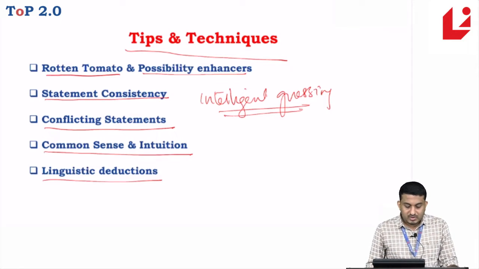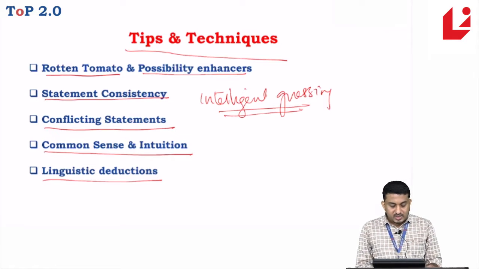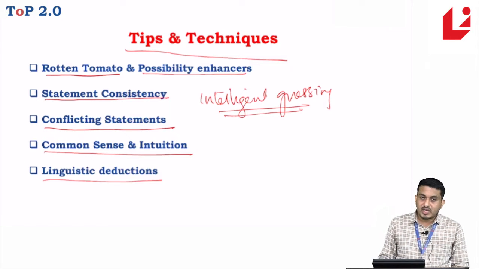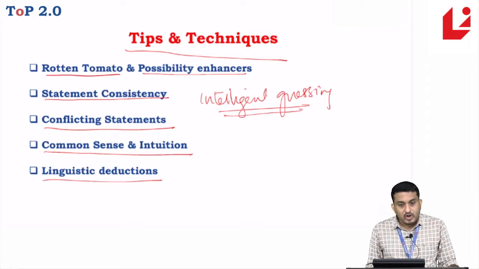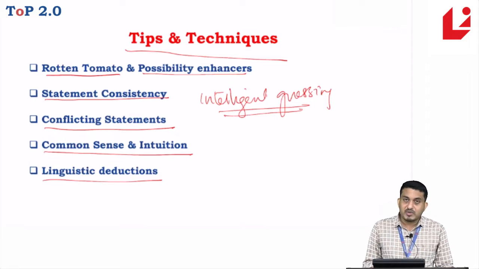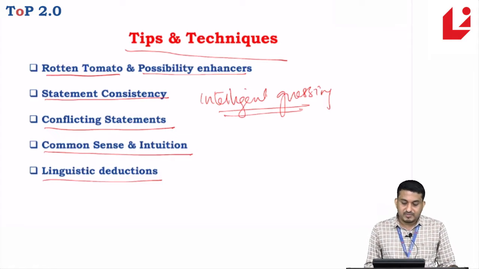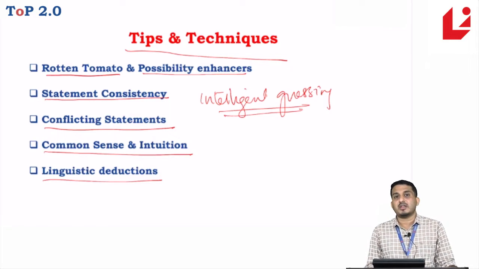Second thing is we need to look for keywords in a particular question. What I am trying to say is, to avoid controversies, the examiner will use certain words to make a statement completely correct or completely incorrect.